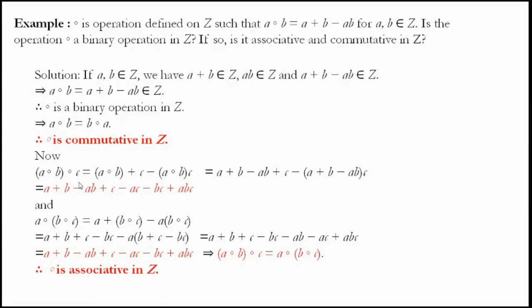Now substitute the corresponding X, that is A binary operator B, and wherever Y is there, substitute C. Then expand it. The resultant expression is A plus B minus AB plus C minus AC minus BC plus ABC. Clear? This is the resultant expression.